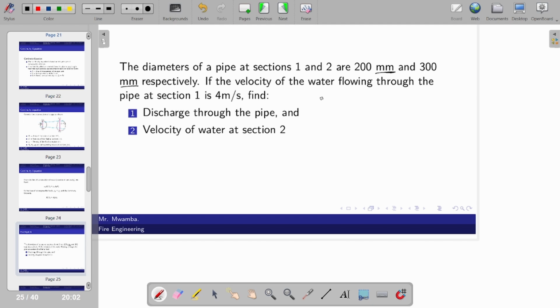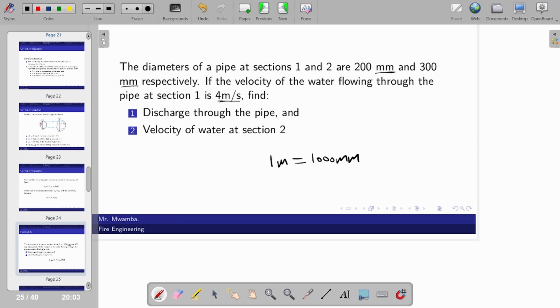If the velocity of the water flowing through the pipe at section 1 is 4 meters per second, remember the SI units are meters per second for velocity and meters for distance, but we're given millimeters, and we know that 1 meter is equal to 1,000 millimeters.